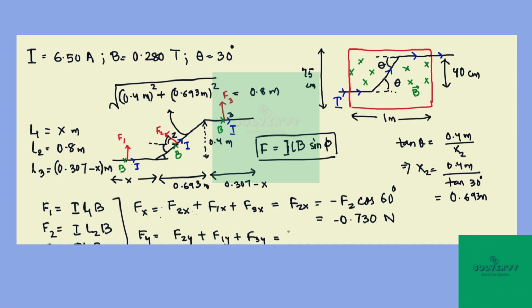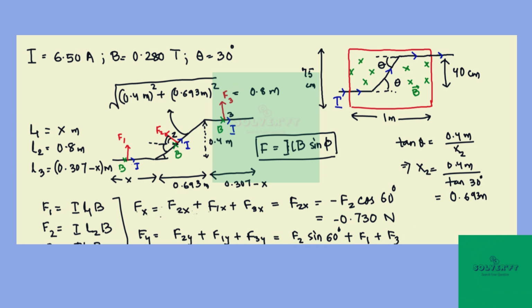Now F2y will be F2 sine 60 degrees. It points in the positive y direction, so there is no need of a negative sign like we did here. Plus, if you add F1y and F3y, F1y is basically F1 and F3y is basically F3.